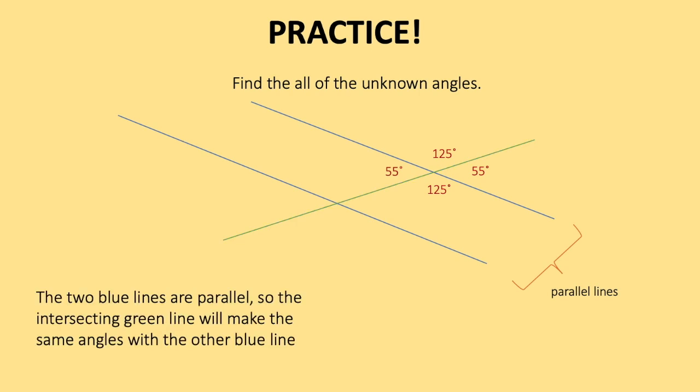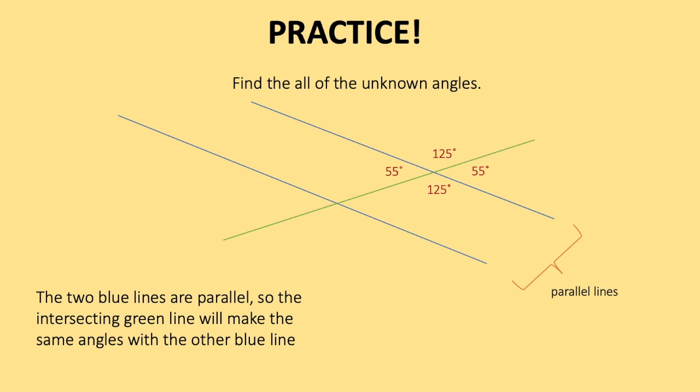So the two blue lines are parallel. So the intersecting green line will make the same angles with the other blue line. So since the two blue lines are parallel, the angles that the green line makes when it intersects are going to be the same. So we can just fill in the same angles on the other side.